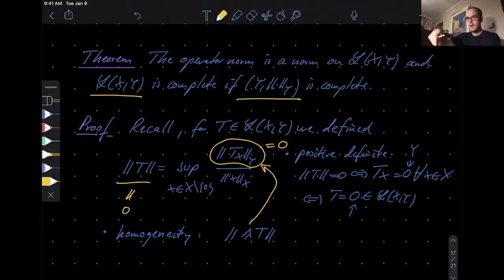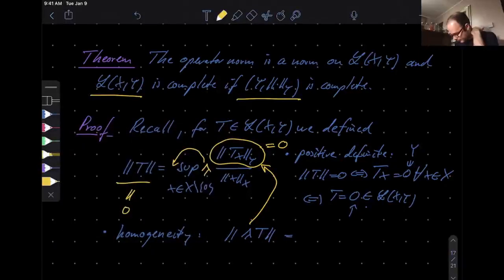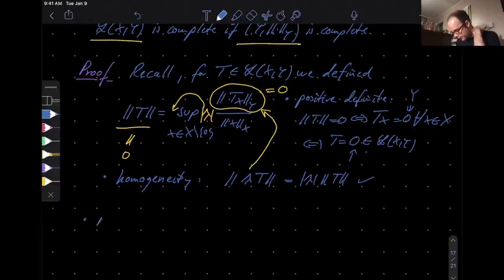You can pull out the scalar, and then you just pull it out of the supremum. So there's nothing to be shown here. The lambda comes out in a complex modulus, so you will have |lambda| times ||T||. Okay, so this is true. Now the only thing that requires, as usual, some work is the triangle inequality.